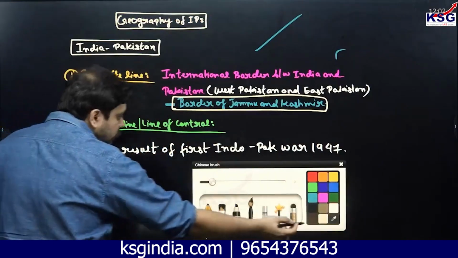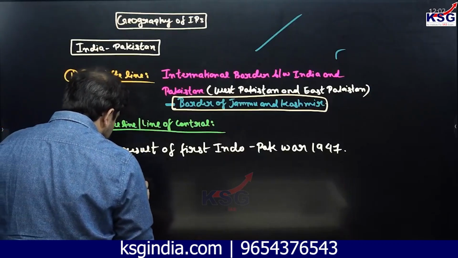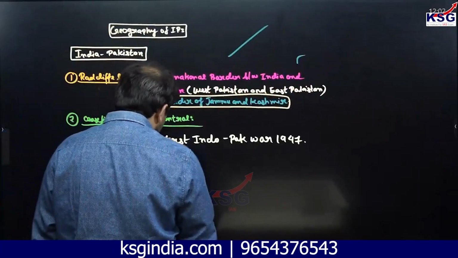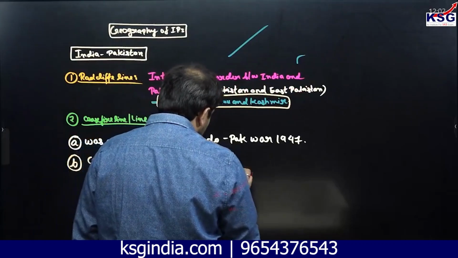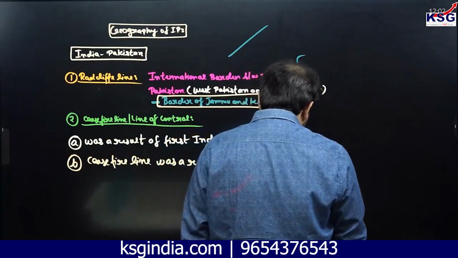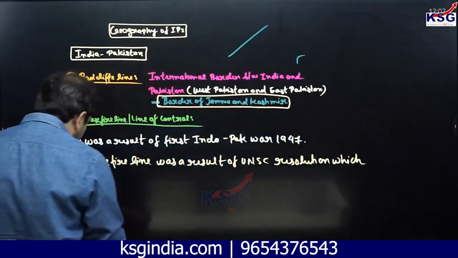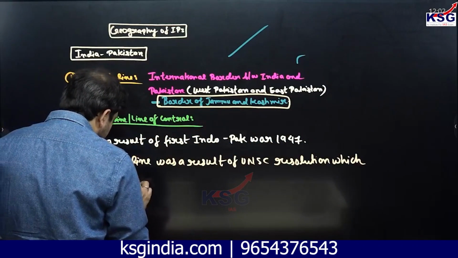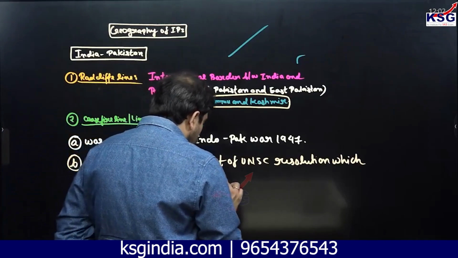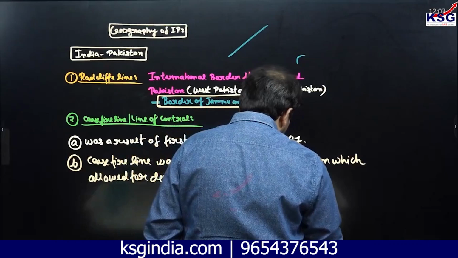Point number B: the ceasefire line was a result of a United Nations Security Council resolution which allowed for demarcating two territories in Kashmir.